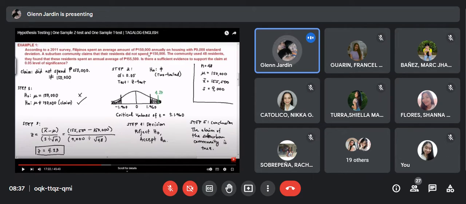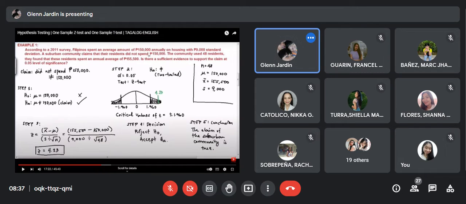And then the average amount of 150,000 annually on housing, yun ang una nating claim, ano? So, it refers to the mu or ang symbol kasi sa mu, yun na yan, that is the symbol mu, ang ibig sabihin, population mean yan, population mean, ano? So, ang claim kasi nila, sinasabi dito, the average amount ng spend sa housing ng mga Pilipinos, 150,000.